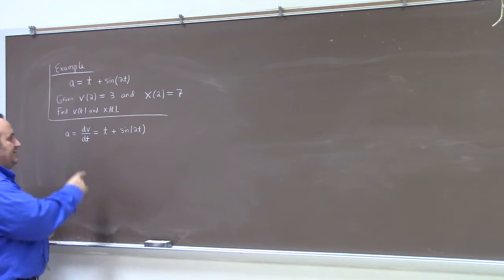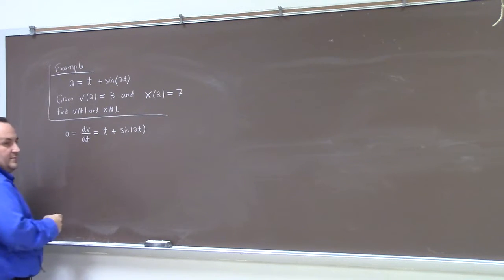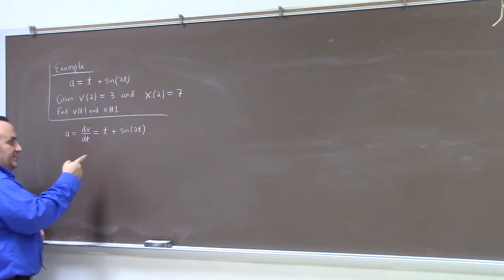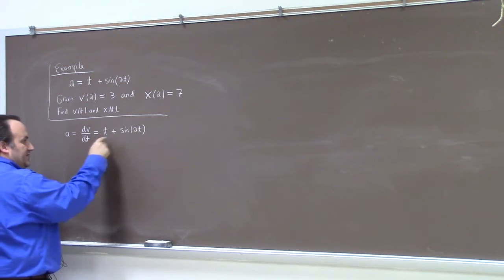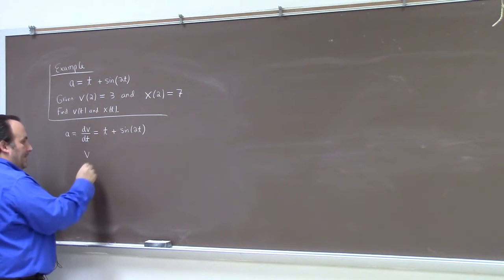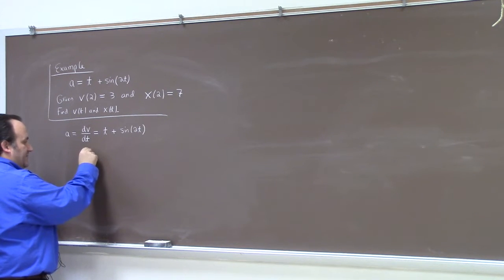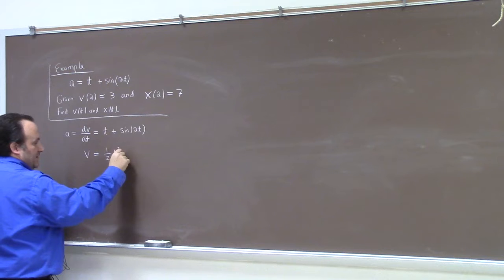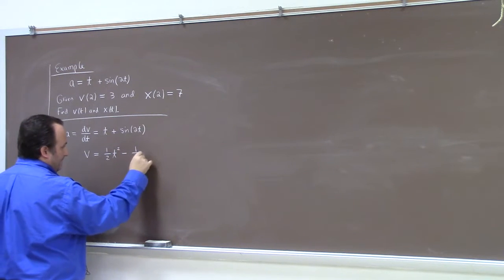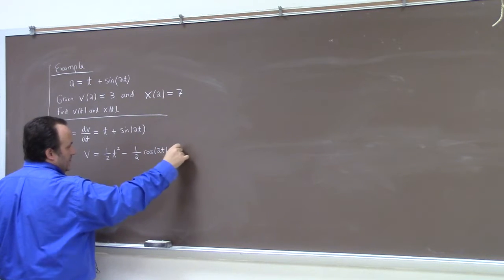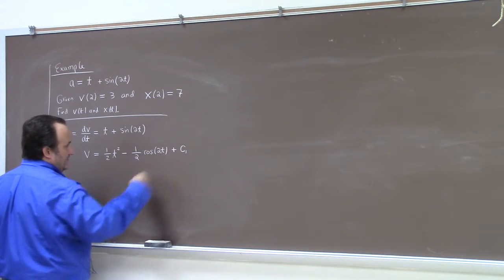So if I want to find v, I'm looking for a function whose derivative is this. That's the antiderivative, so v is 1/2 t squared minus 1/2 cosine of 2t plus some constant I'll call c1.